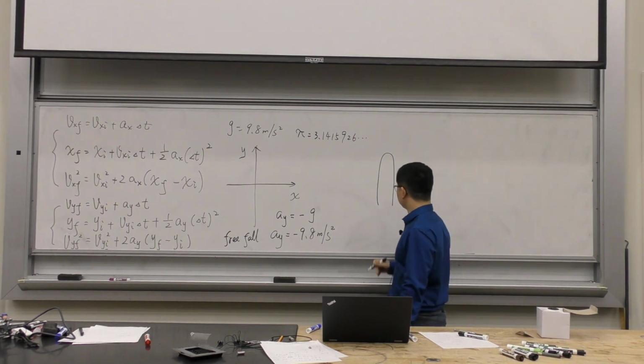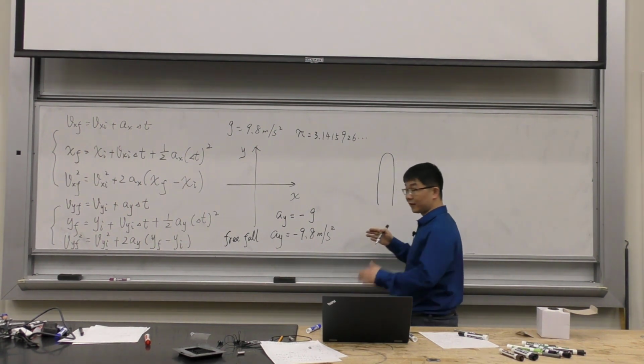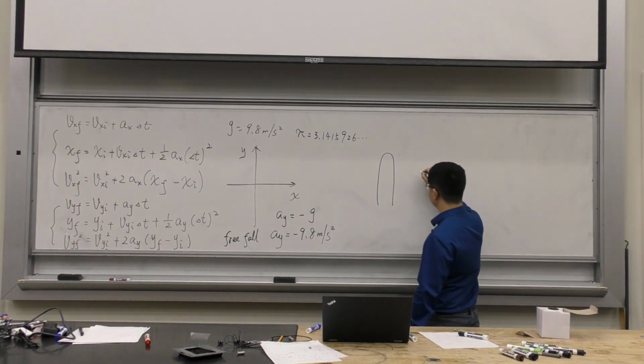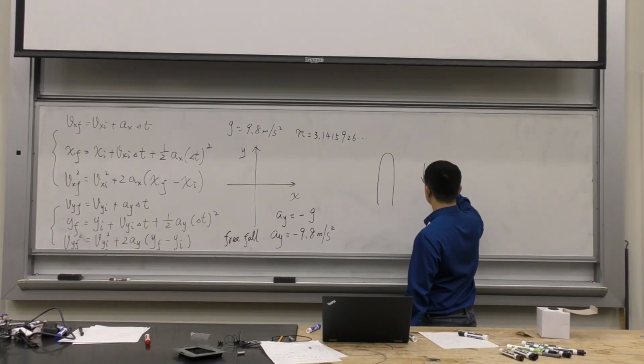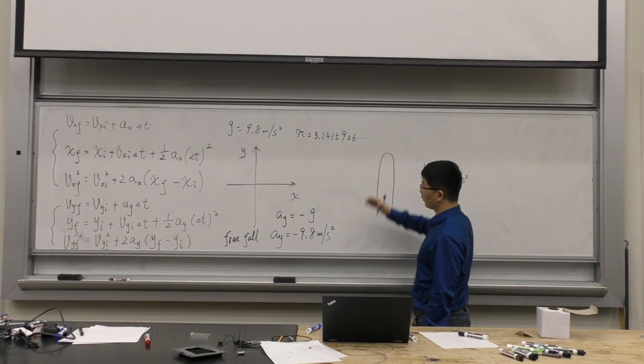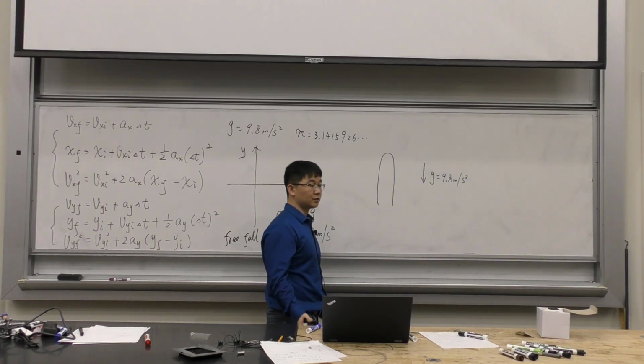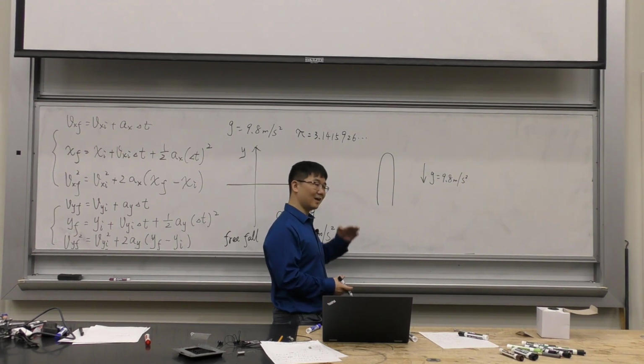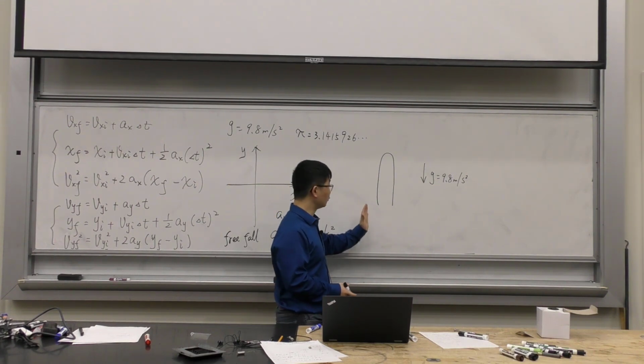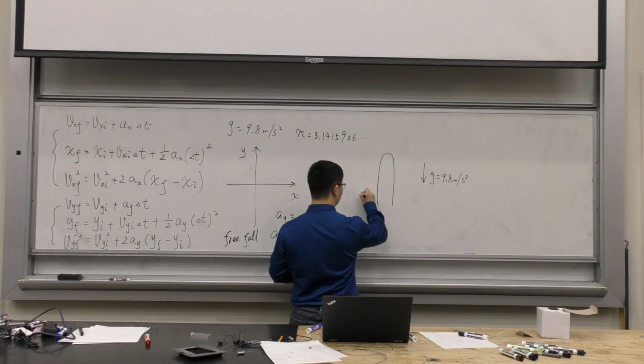On this part, I think everyone's going to agree: of course the acceleration is going to be 9.8 down when it's falling. What about this part when it's rising? Again, obviously, if you look at it, it's going to get slower and slower on the way up. So the velocity you draw is going to be something like this.